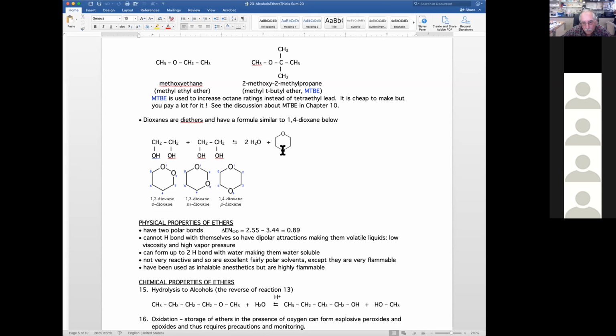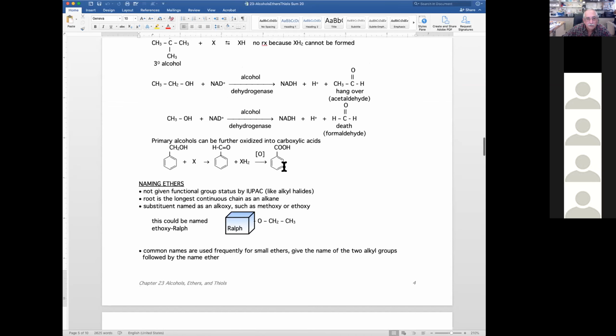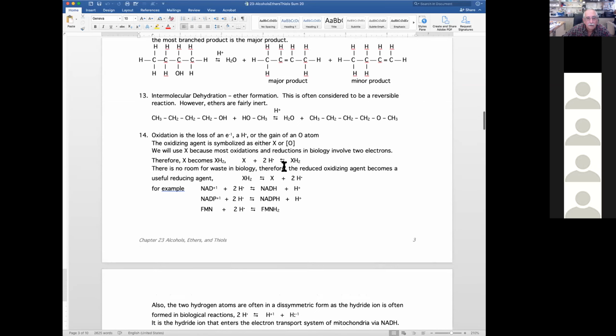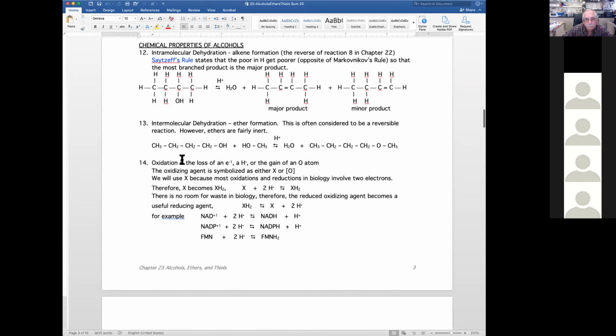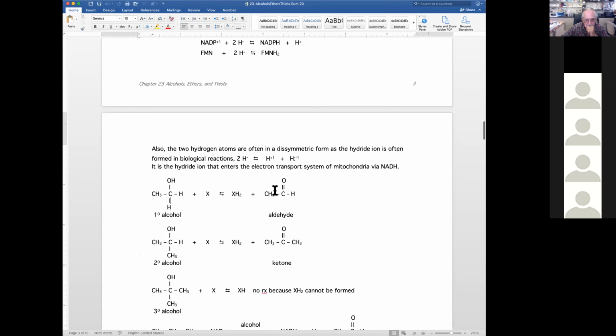So this one is called 1,4-dioxane. But really they are diethers. Okay? Just a diether. I'm not going to ask you to name diethers with this kind of nomenclature or anything, but just realize that this is simply an alternative reaction to this, right? Reaction 13, excuse me.